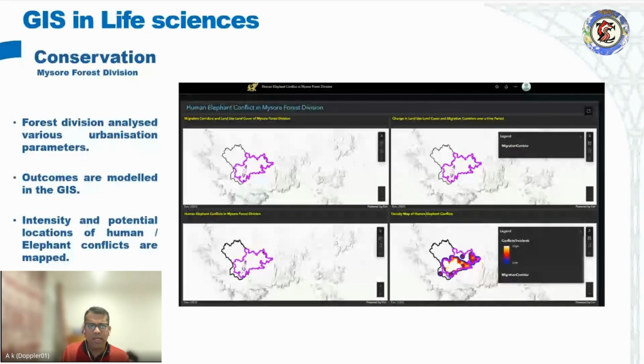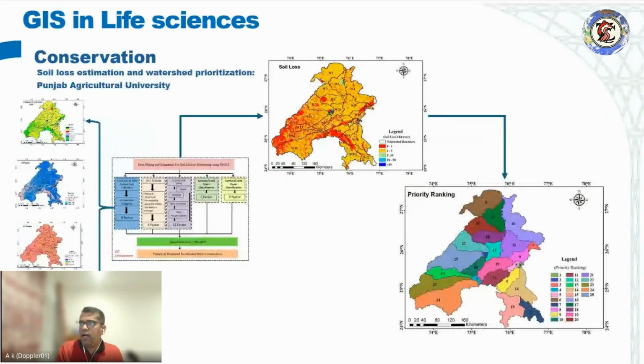So I think they are working on that. But to do that, they need a lot of information, and obviously GIS is a preferred tool that they use in this case.